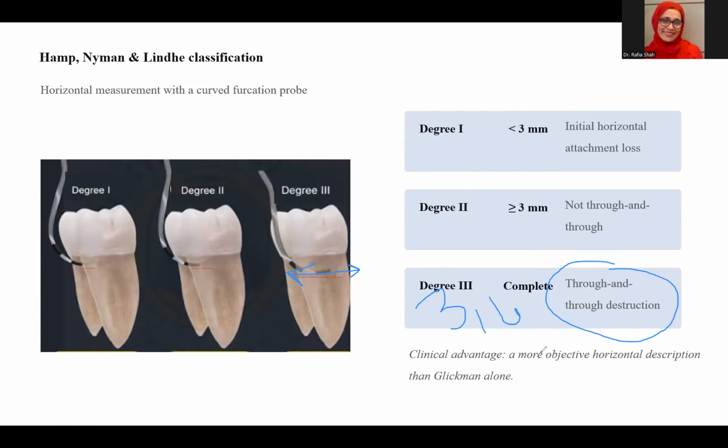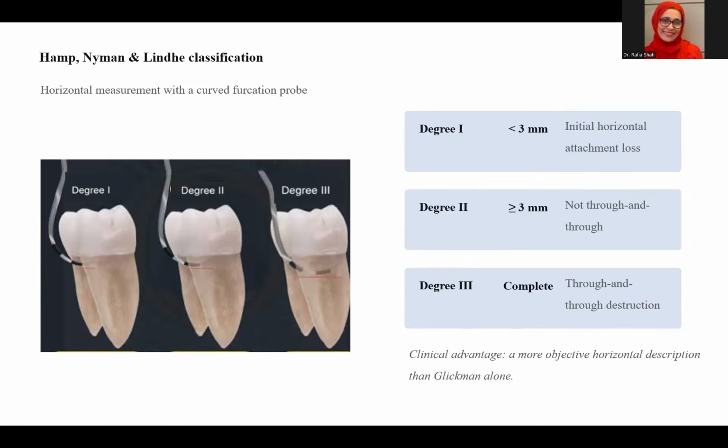So according to Glickman's 3 and 4, this is degree 3, and Glickman's grade 2 is similar to Hamp, Nyman and Lindhe's degree 2. But the only difference is that Glickman couldn't talk about such penetration in numbers, whereas Hamp, Nyman and Lindhe talk about this penetration in numbers.